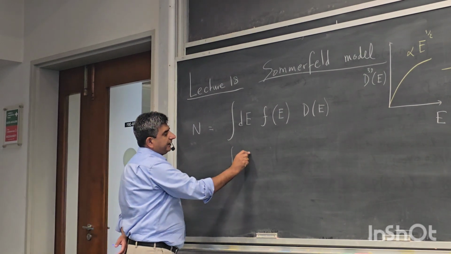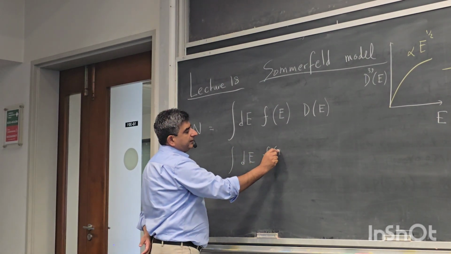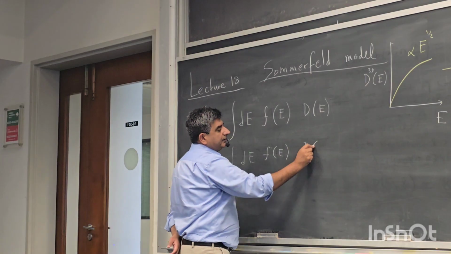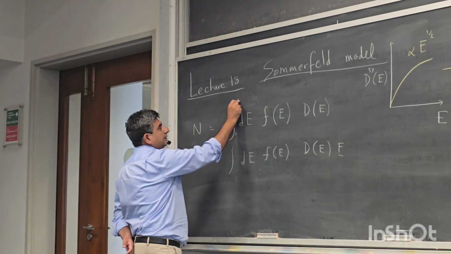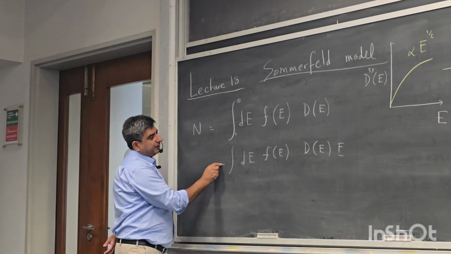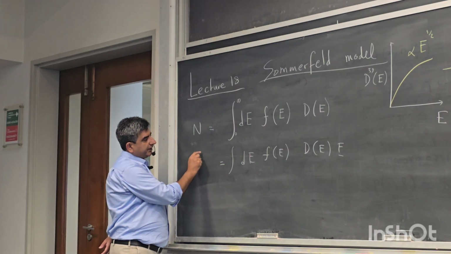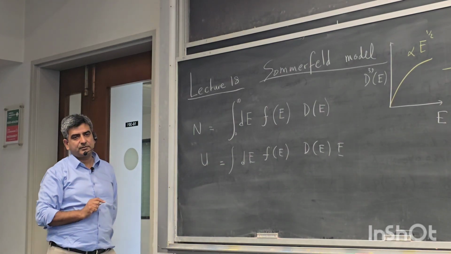If I take dE, F(E), and the density of states times E, then what should this be equal to? This should equal the total energy inside the system.